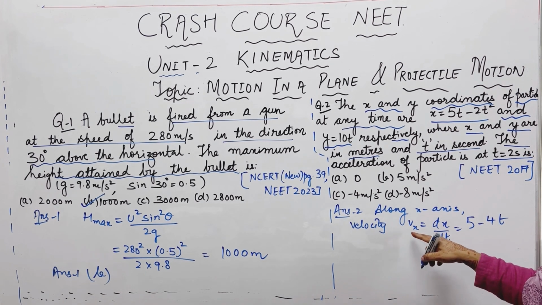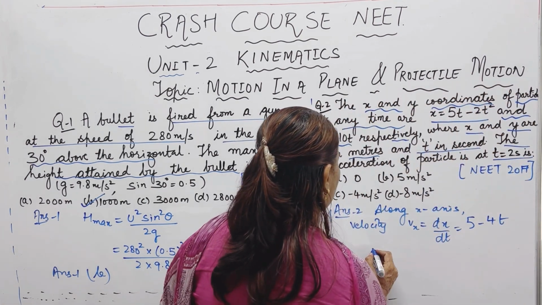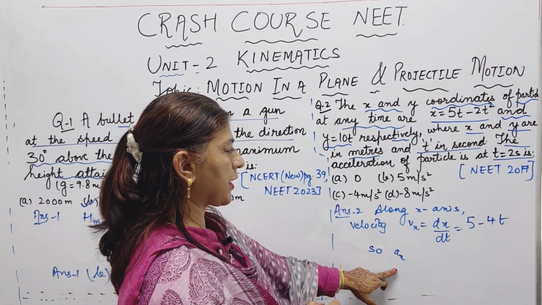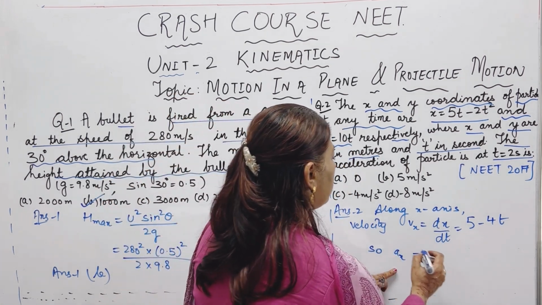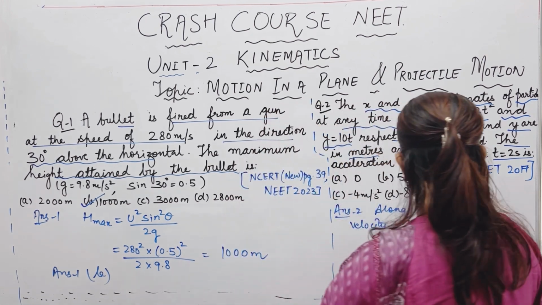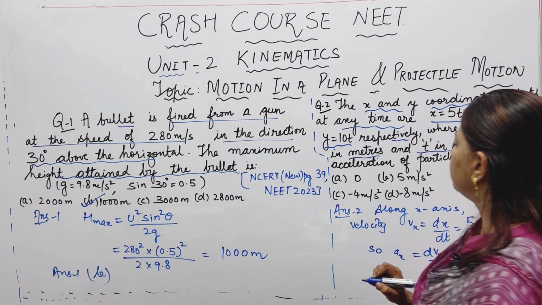Again, when we differentiate velocity with time, we will get the acceleration. So ax is the acceleration along the x-axis. This is equal to differentiation of the velocity, and that comes out to be equal to minus 4.